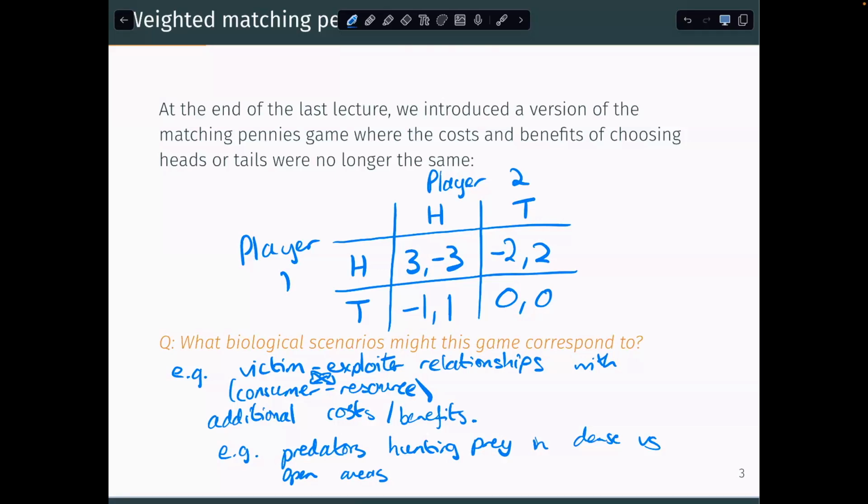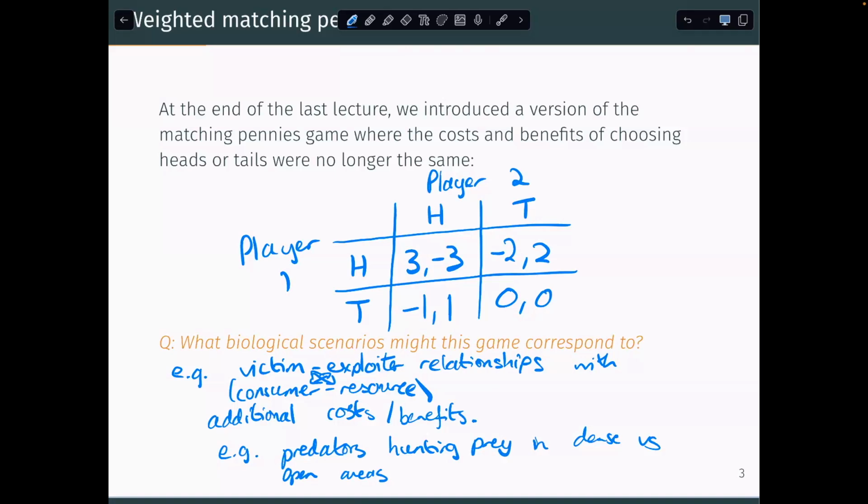Yes. For scenarios like this, do the gains and the losses always have to be exact negations of each other? Like, for example, maybe the heads and heads, it could be 3 and -1. Is that still a similar scenario, or is that a completely different scenario? In a biological sense, it's more related. In a strict game theory sense, this is a zero-sum game because the amount that you win is exactly equal to the amount your opponent loses.